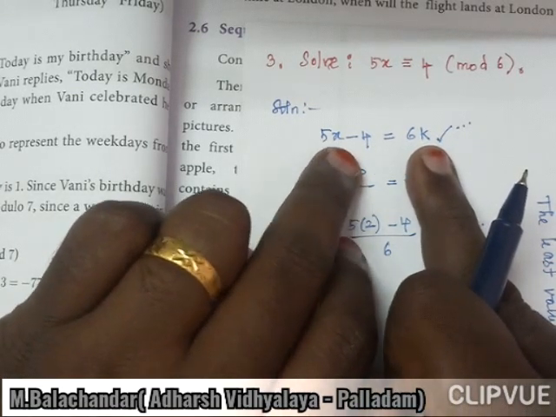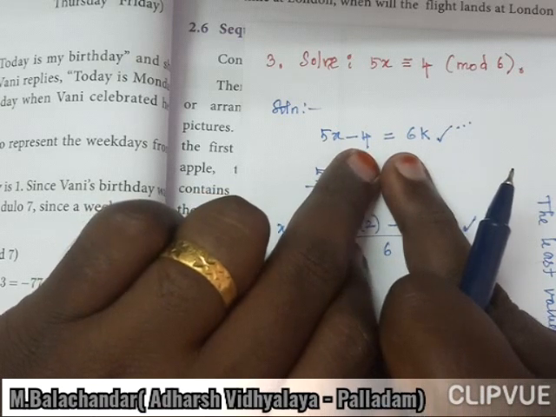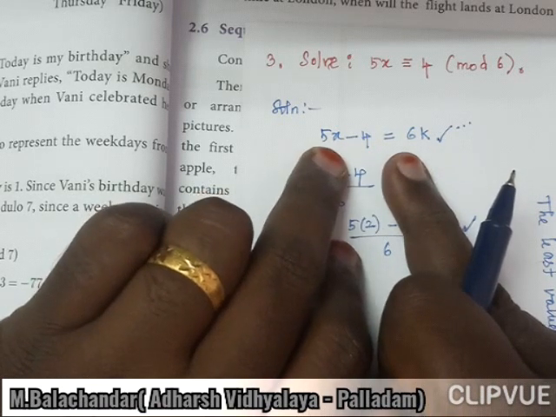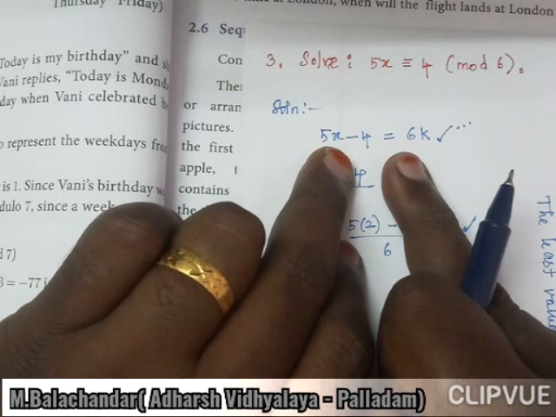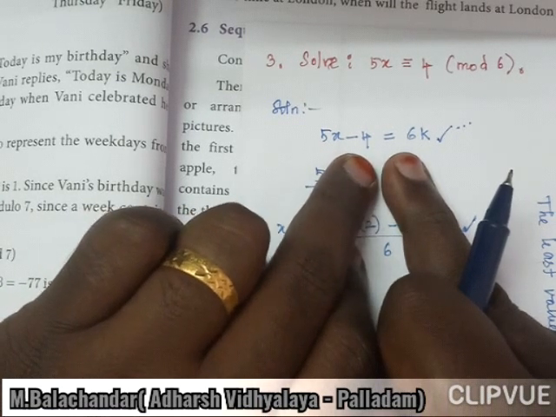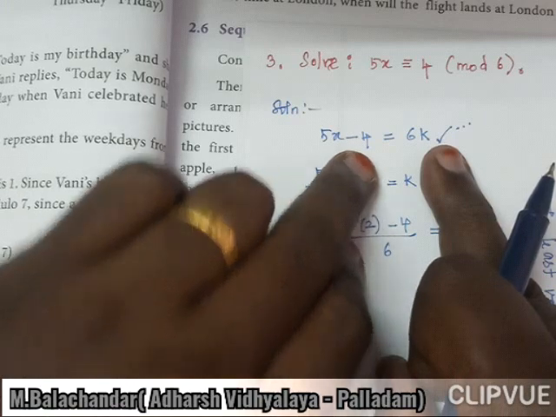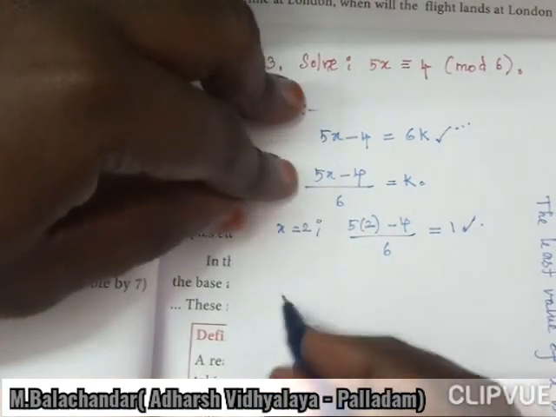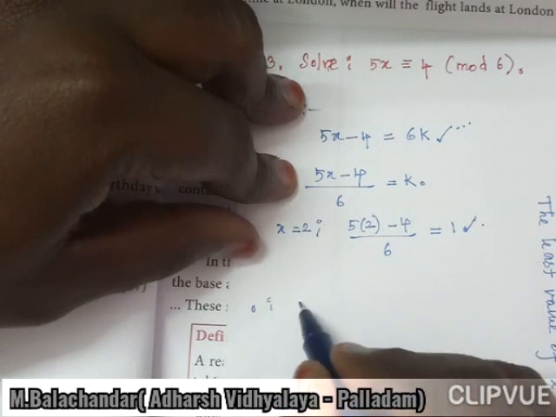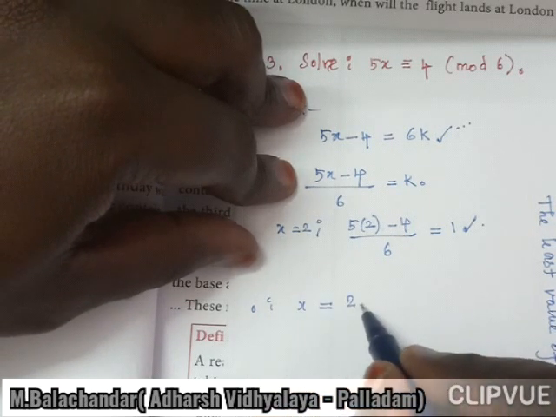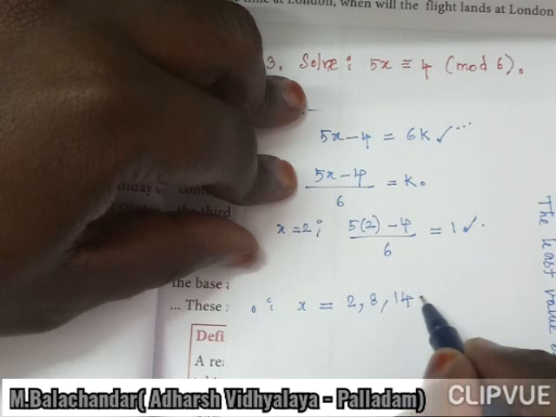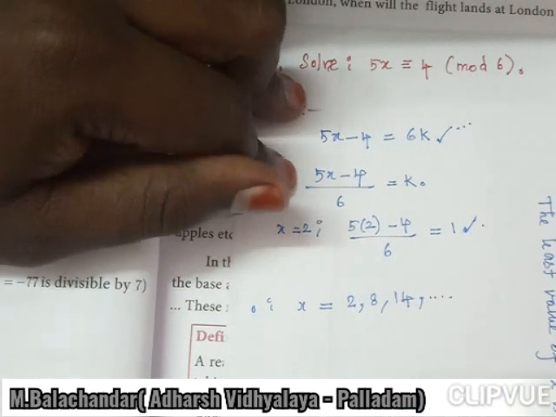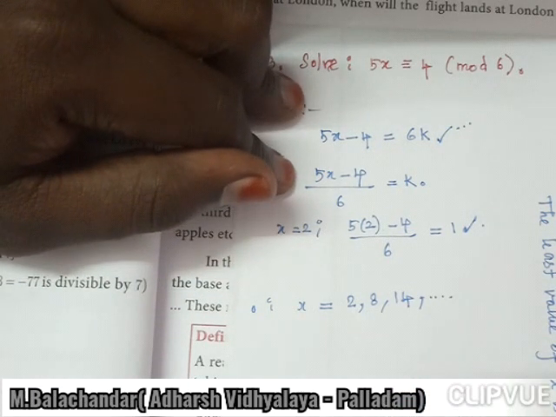So 5 into 2, 10, 10 minus 4, 6. 6 is a multiple of 6. The next, 8: 5 into 8, 40, 40 minus 4, 36. 36 is a multiple of 6. Then 14 and so on. So x is equal to 2, 8, 14, and so on. This is the answer.